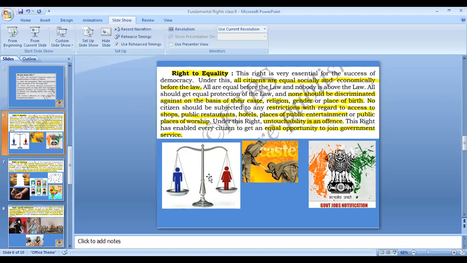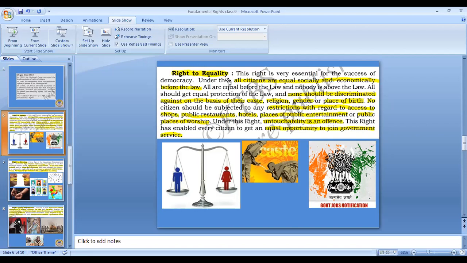Whenever people of any religion or any region approach the court, whether it is a sessions court, high court or supreme court, the judges of those courts treat all the people equally according to this right to equality, which is given to every citizen of our country.